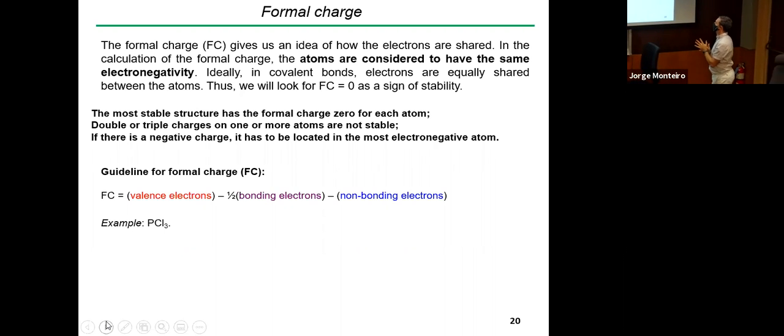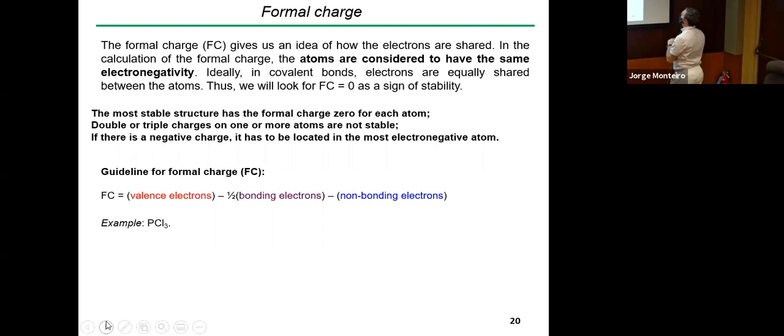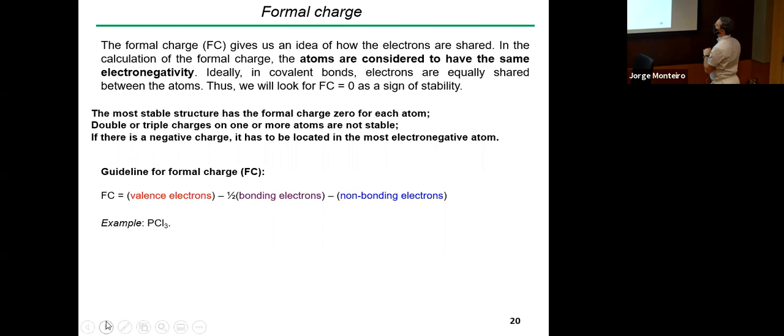In the calculation of the formal charge, the atoms are considered to have the same electronegativity. Ideally, in covalent bonds, electrons are equally shared between the atoms. Thus, we will look for formal charges equal to 0 as a sign of stability.